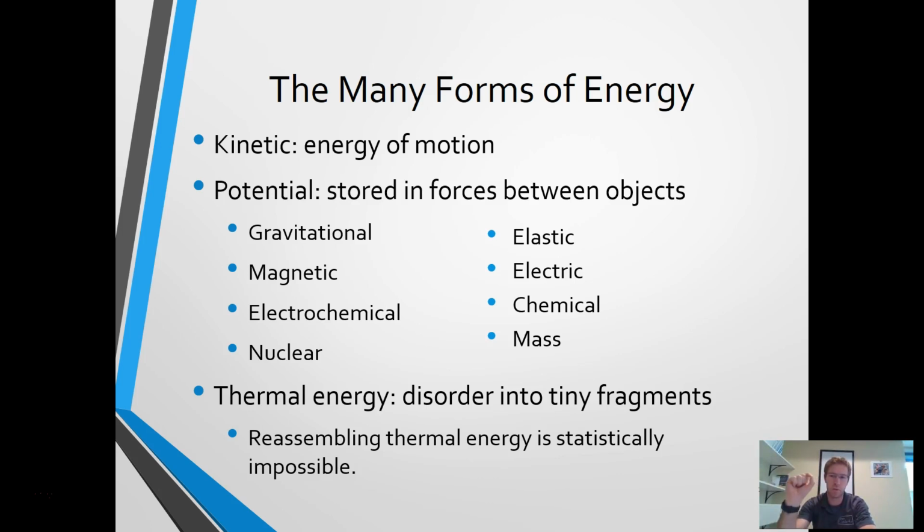Atoms and molecules are all moving around, and that's a result of their temperature, which is a result of them having thermal energy. So thermal energy is really very similar to kinetic energy. It's movement, it's just a lot less organized than kinetic energy. So thermal energy is a very disordered type of energy, and we'll get into that a lot more in second semester physics.